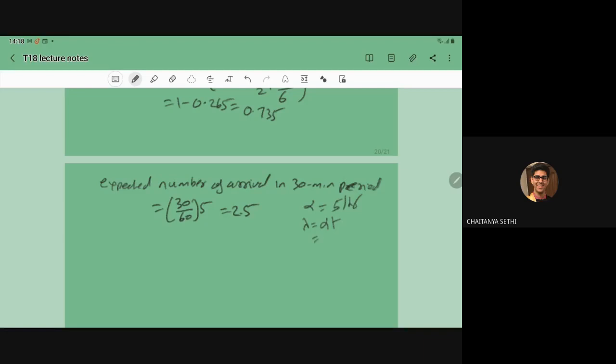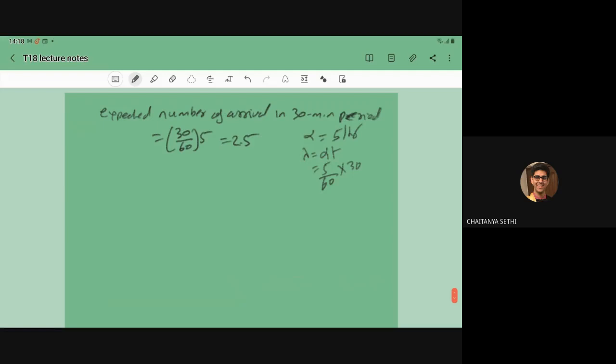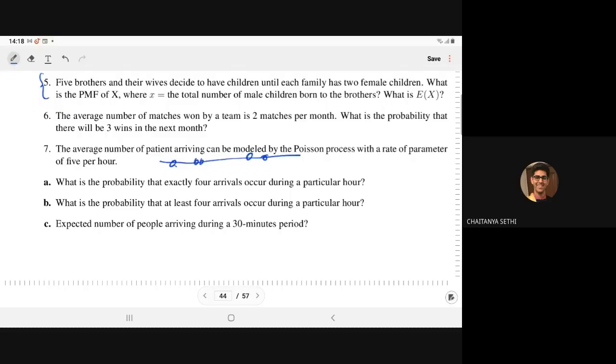Alpha is given to you as 5 per hour, means per 60 minutes. For the 30 minutes you have to compute, so it will become 2.5. So on an average 2.5 arrivals or patients will arrive there. So that is the Poisson process.